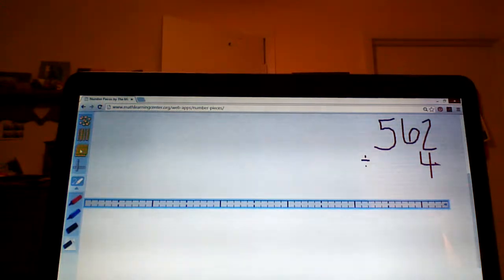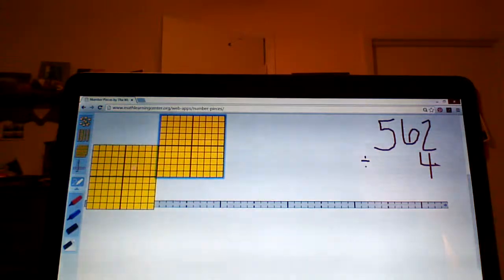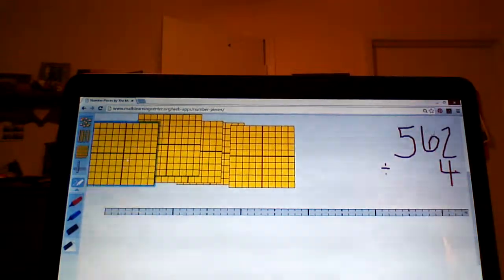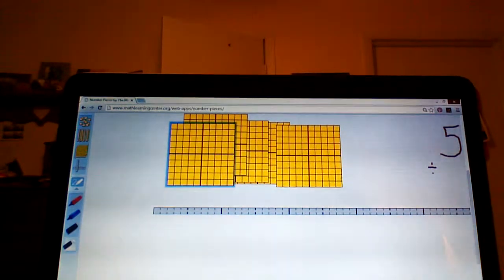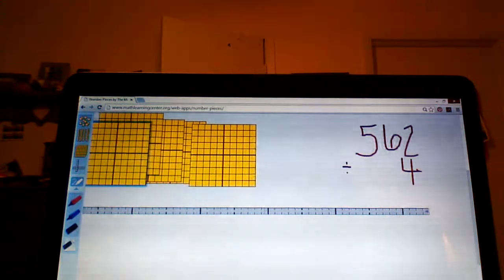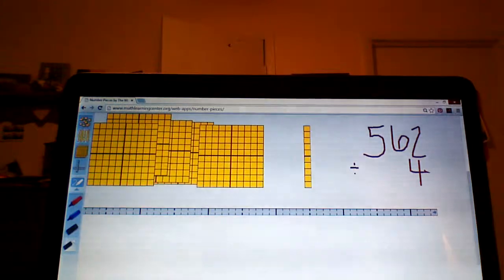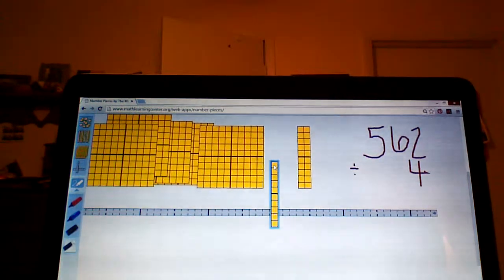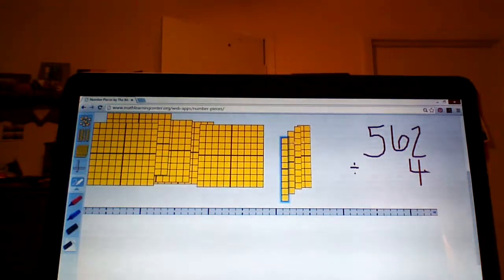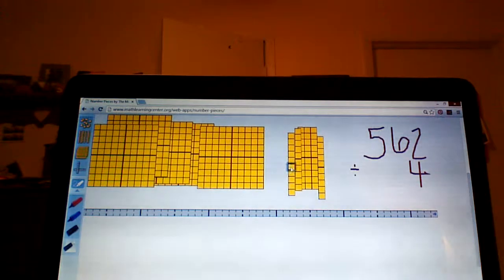So I'm going to take 5 of my flats. 1, 2, 3, 4, 5. So I have 5 flats, I have 6 longs, and 2 units.